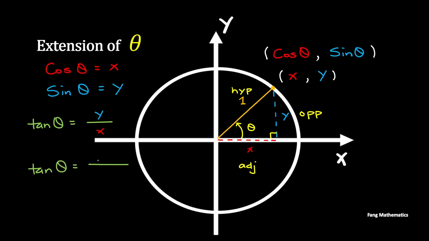Now we look at the last equation we have. We can express y in terms of theta, so sine theta, and over x, you can express x as cos theta. So tan theta is equal to sine theta over cos theta.